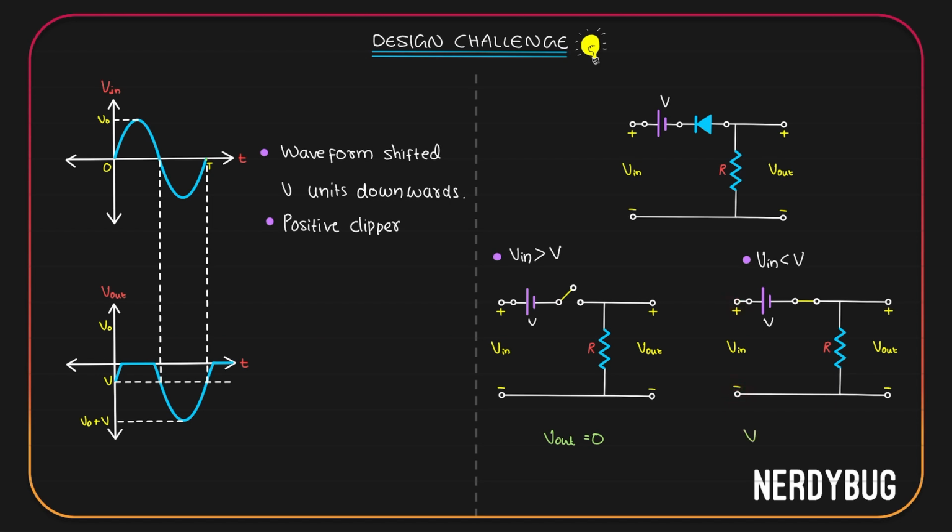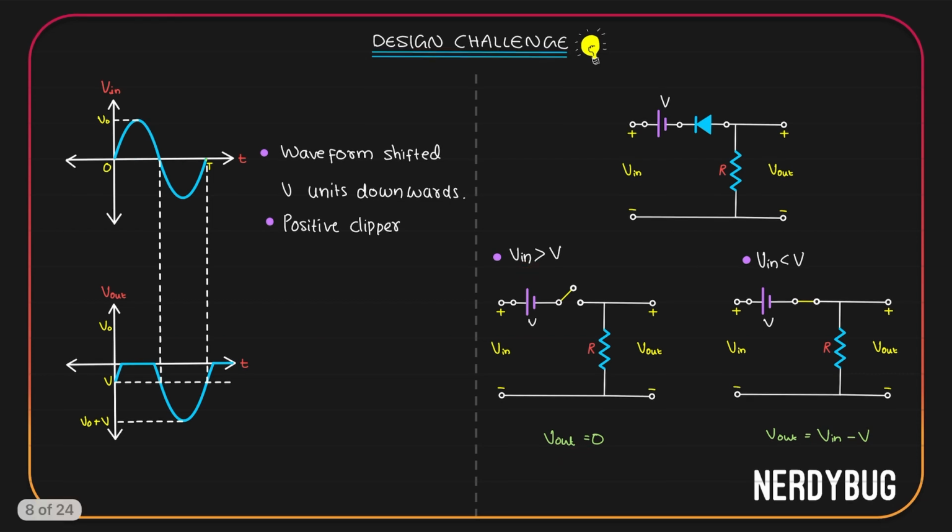So let's write down V input. Cell is going from positive to negative, which is in the opposite direction. So minus V. Output is also from positive to negative in the opposite direction. So minus V out is equal to 0. Or we get V output is V input minus V. So output is input minus V, but whenever input is greater than V, the output is 0.